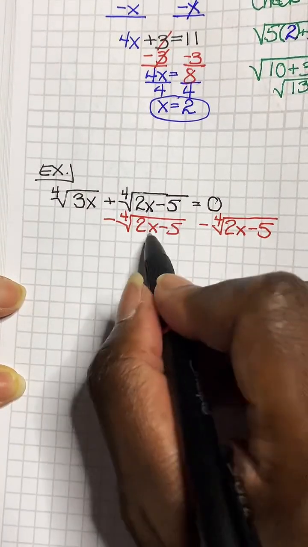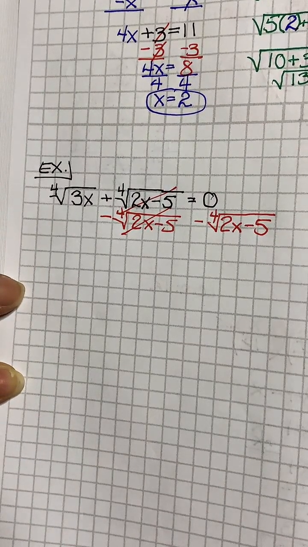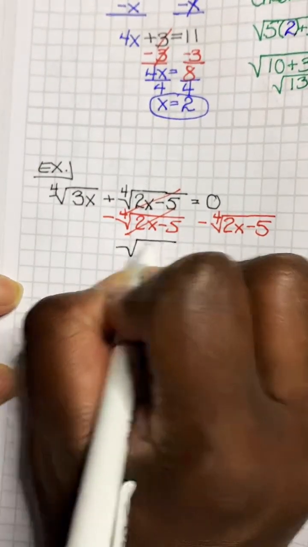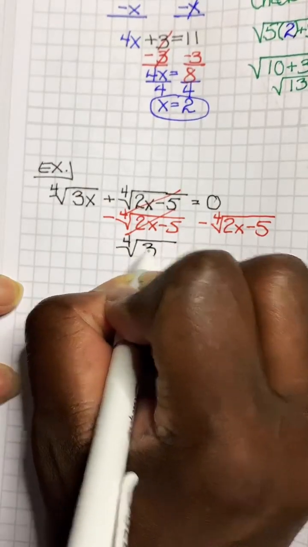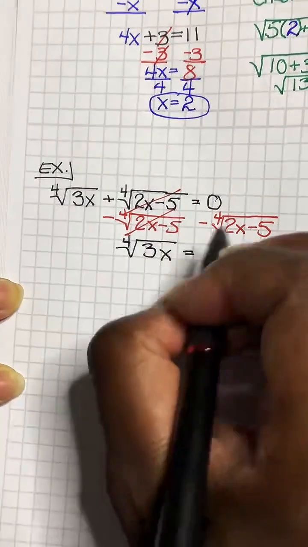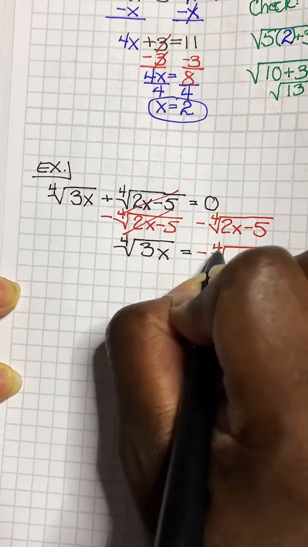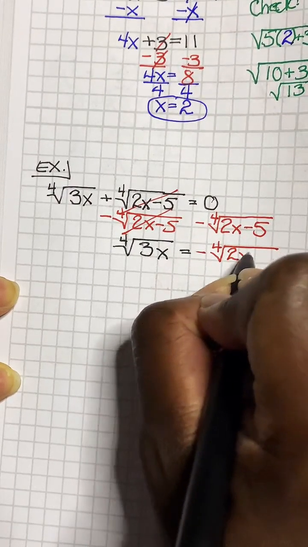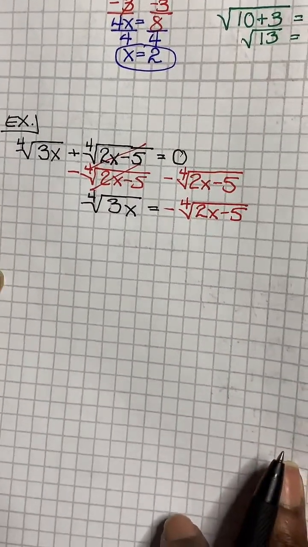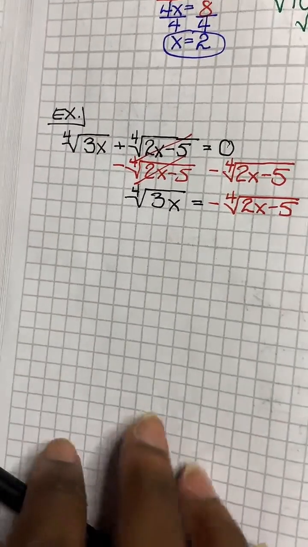So these two are going to cancel. One's positive, one's negative. So we go ahead and cancel. Bring down the fourth root of 3x. And it's going to equal our negative fourth root of 2x minus 5. Okay? It looks crazy, but notice the philosophy is still the same.